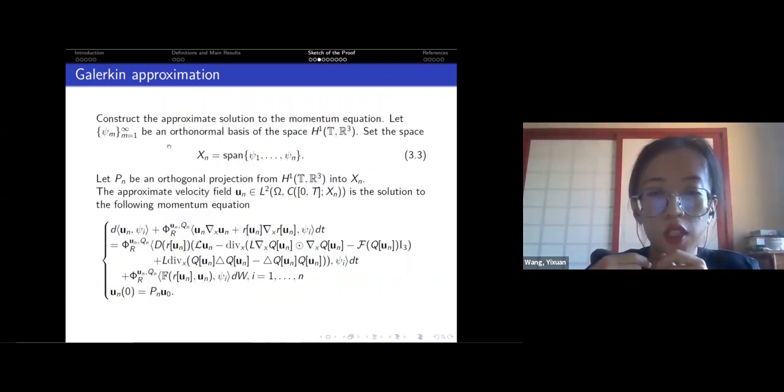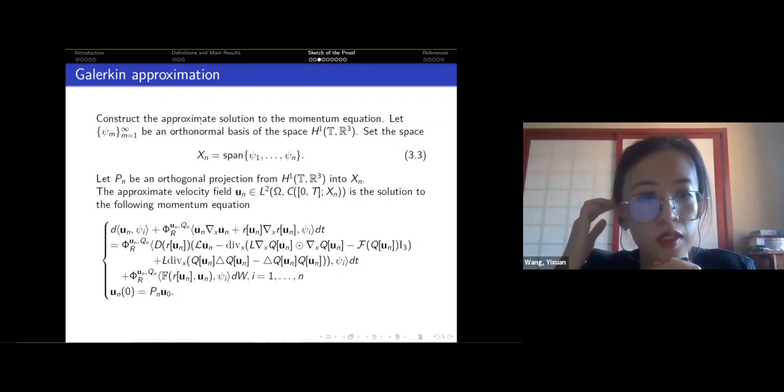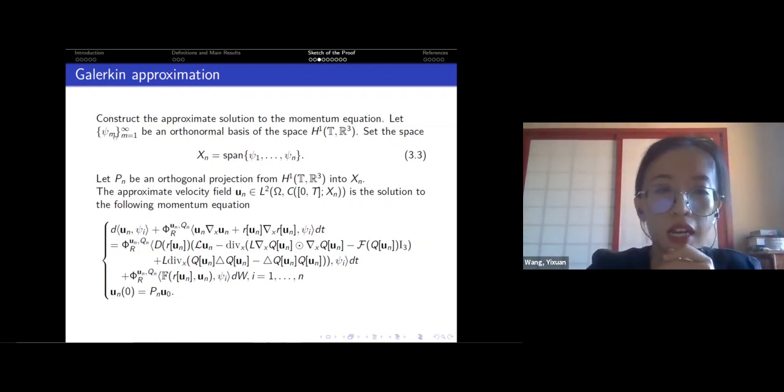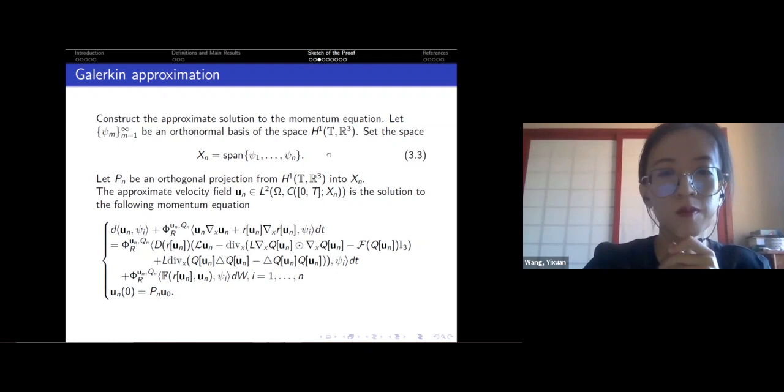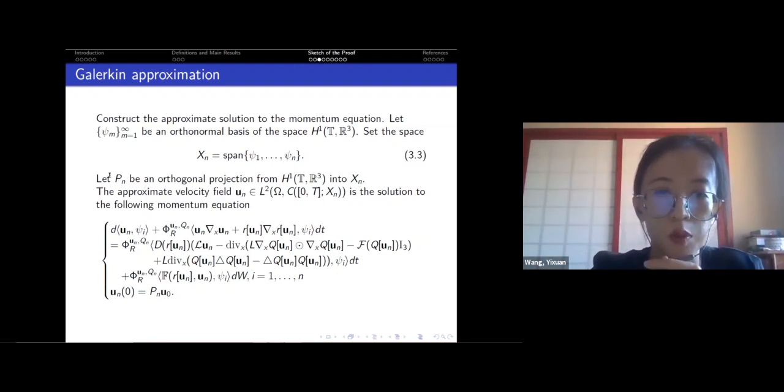So for the existence of u, we construct the approximate solution to the momentum equation. We say φ_m is an orthogonal basis for H^1, and set the space X_n as the span from φ_1 to φ_n, and P_n is the projection from H^1 onto X_n.